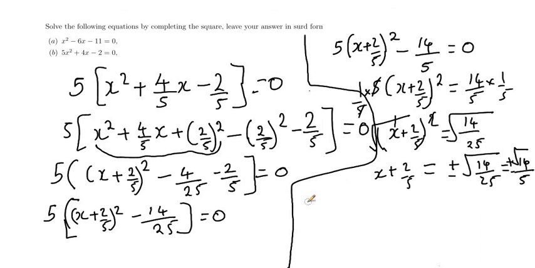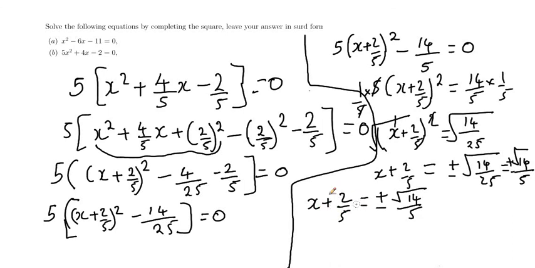So we're going to say x plus 2 over 5 is equal to plus or minus the root of 14 over 5.